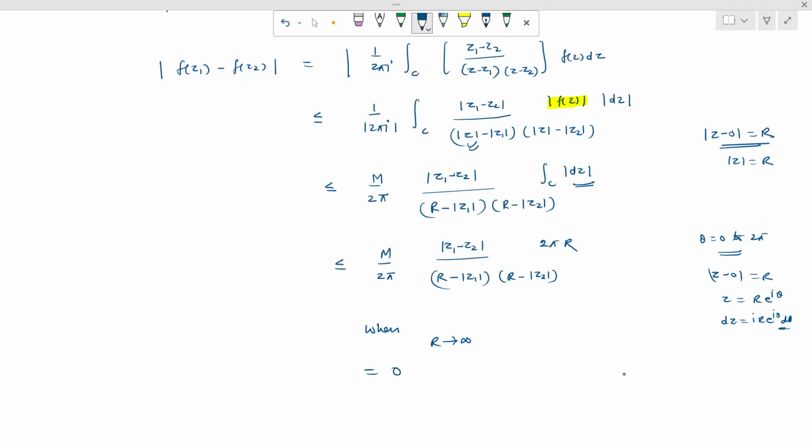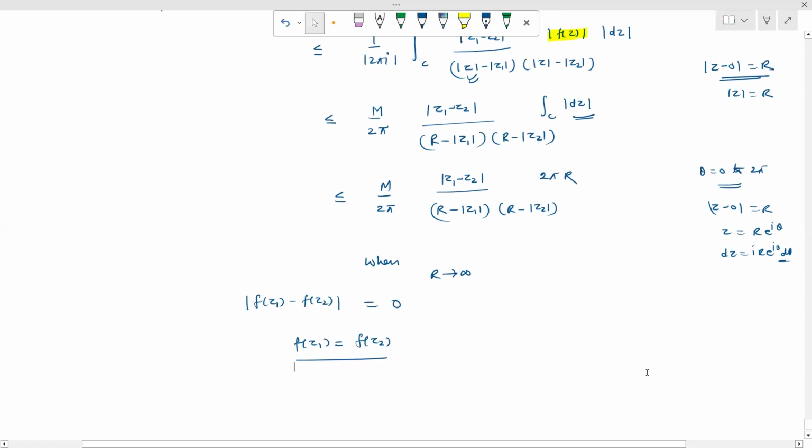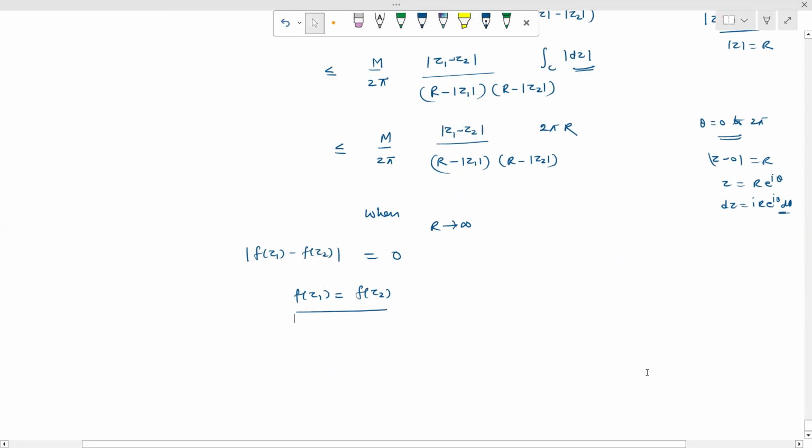So we see that the modulus of f of z1 minus f of z2 is equal to 0. So here we can say that f of z1 is equal to f of z2. That means two different points give the same value, f of z1 equal to f of z2.